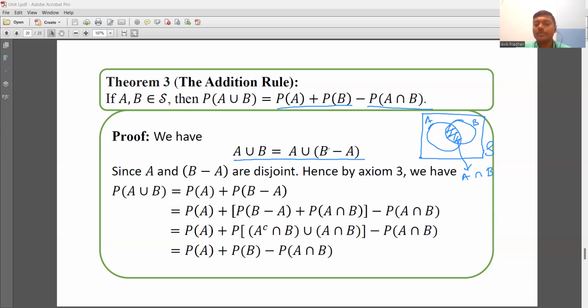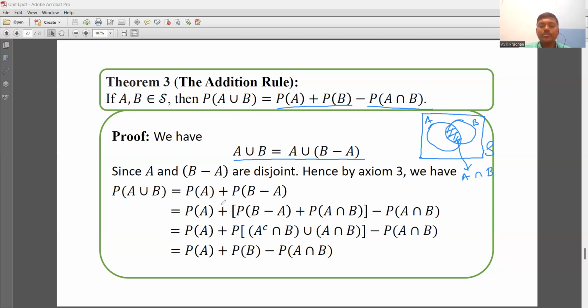Similarly, you can take B union A minus B also. The similar process will be there. So let us take this in this manner. So A and B minus A are going to be mutually exclusive events, or they are disjoint. Now by the third axiom, we have that probability of A union B is going to be probability of A union B minus A.